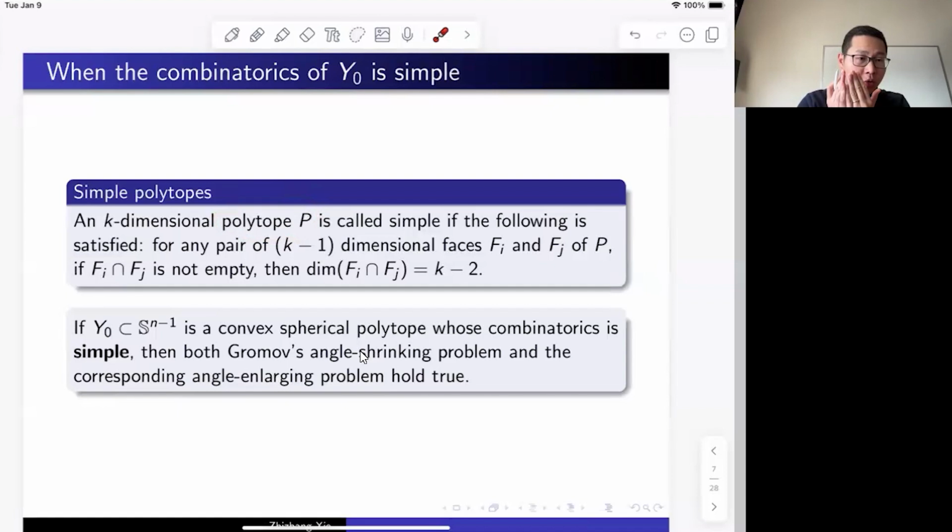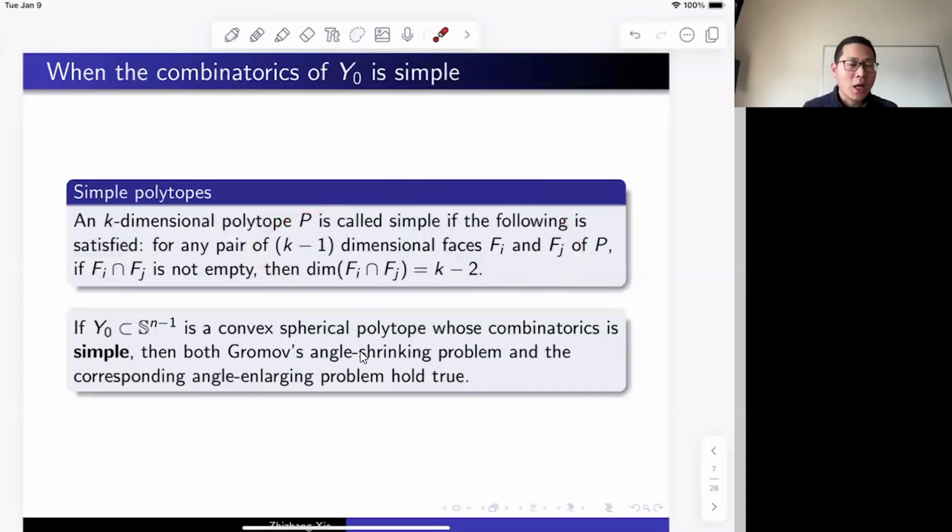a codimension two face. So if it's a k-dimensional polytope and you have two codimension one faces, which are k minus one dimensional faces, and they meet, they have to meet at a codimension two face. So in particular, this is simple.